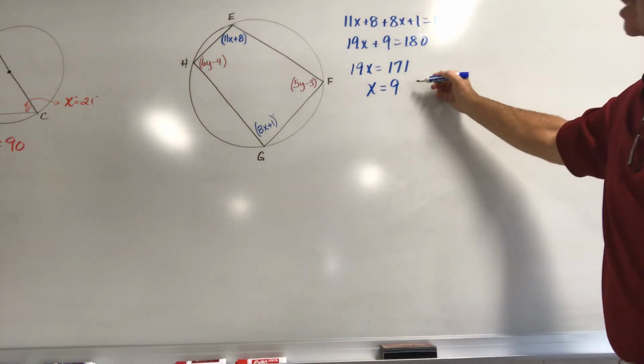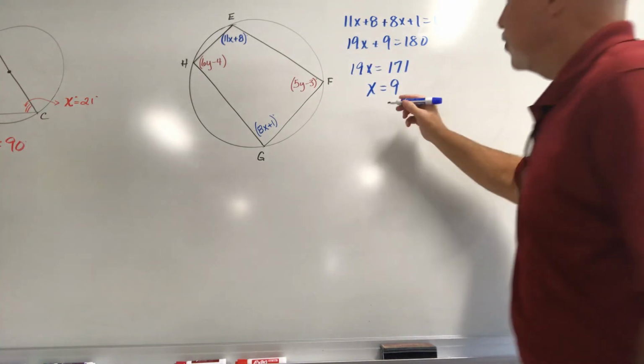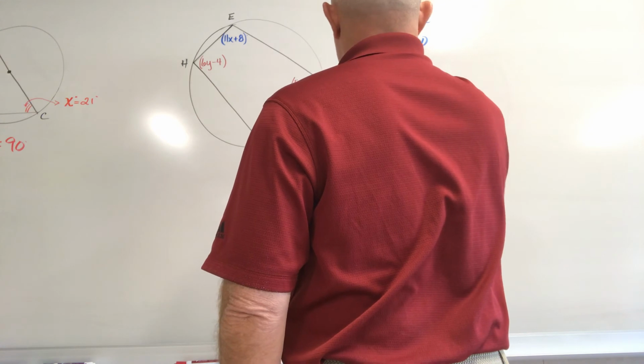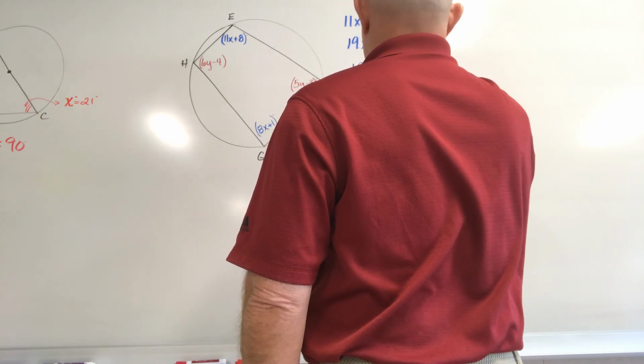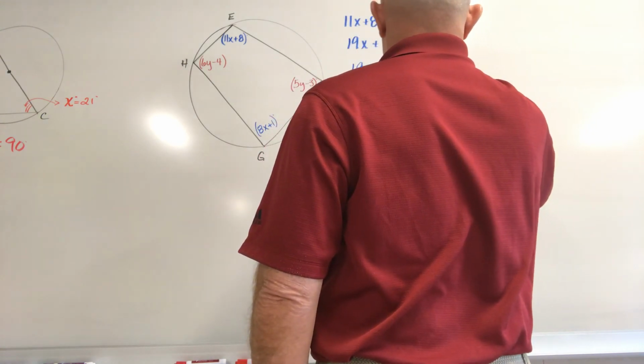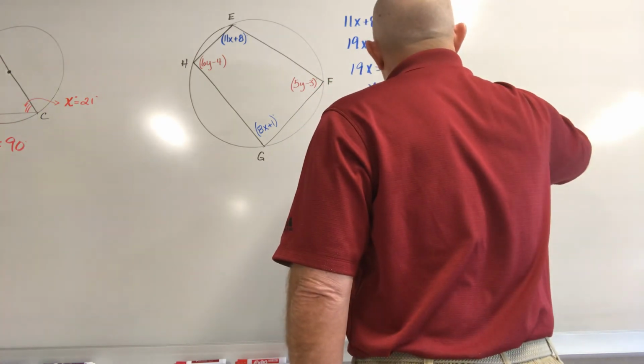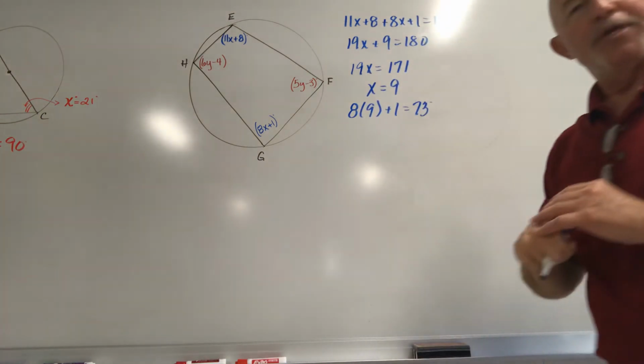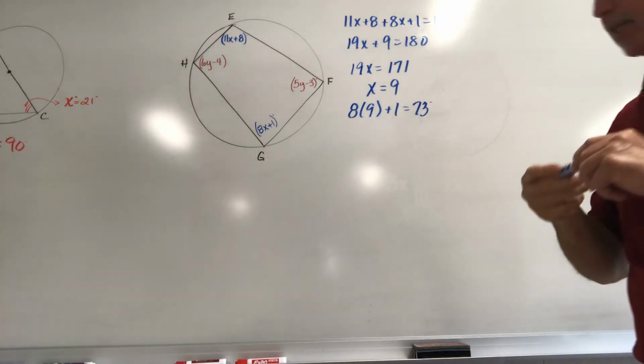So we find that x is 9 and substitute back. And we get 73 degrees.